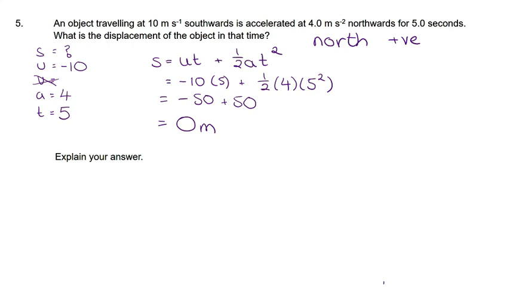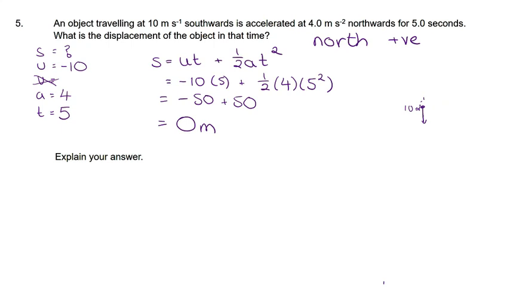So that must mean that our object has ended up back where it started. How can that happen? Well, the object starts travelling south at 10 meters per second, right? But it's accelerating north. So that must mean that it's decelerating effectively.